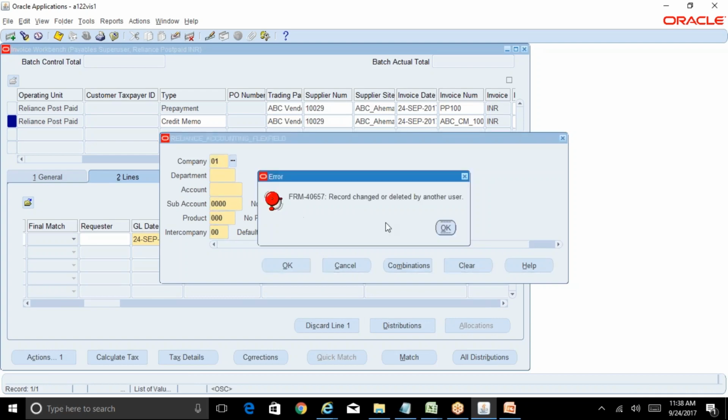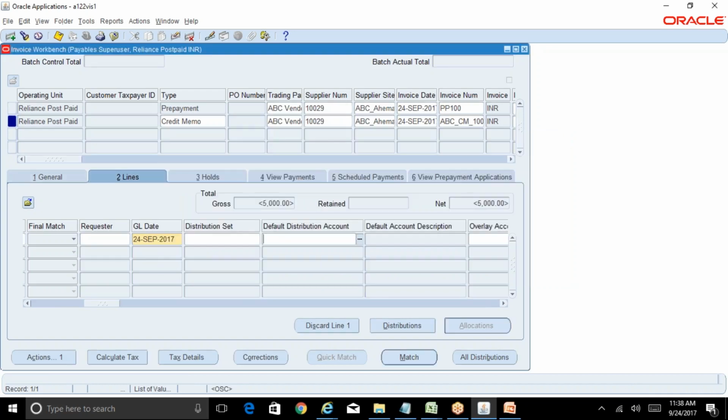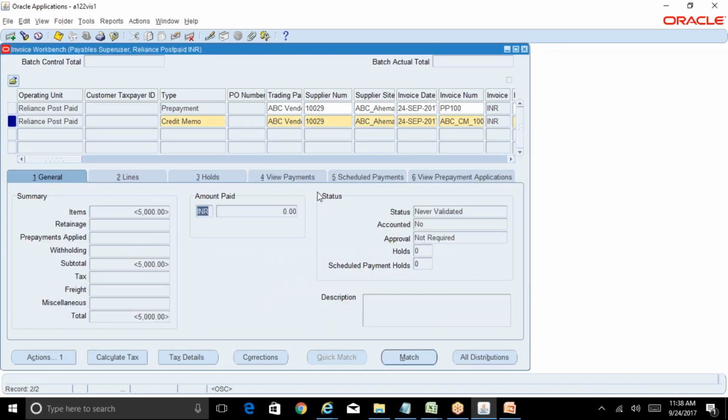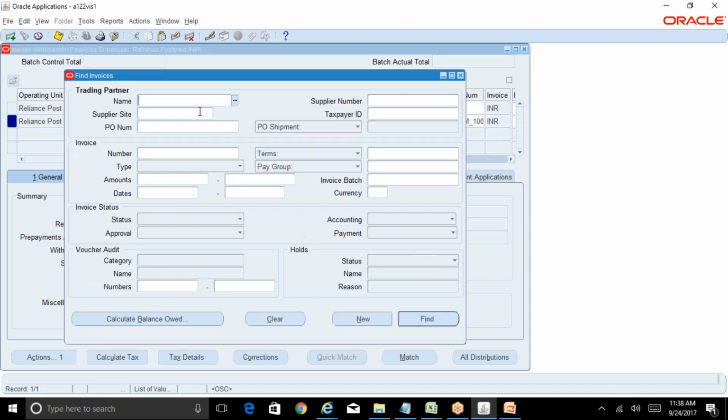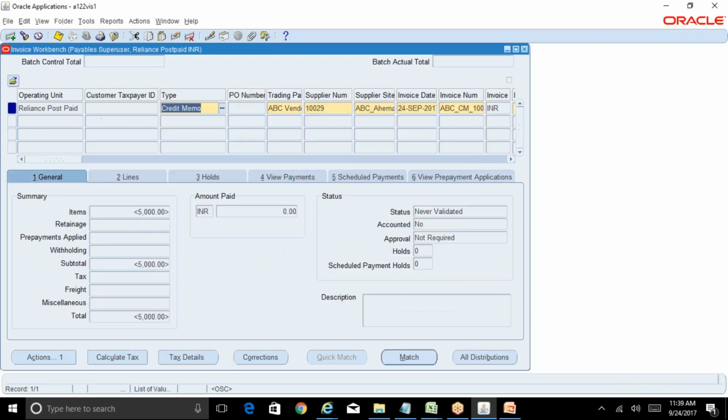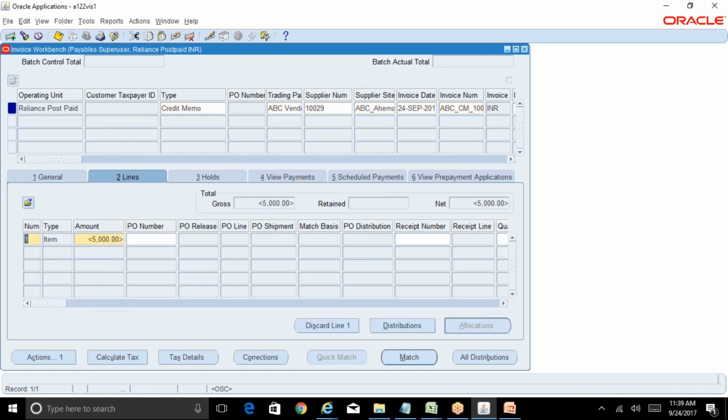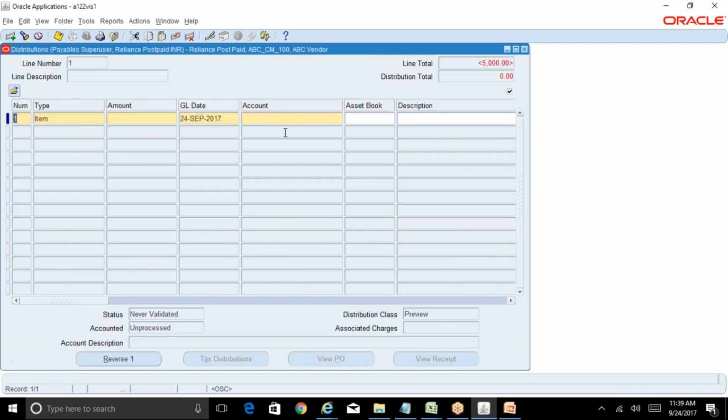It has been changed or deleted by another user. Requery this invoice. Go to distributions.